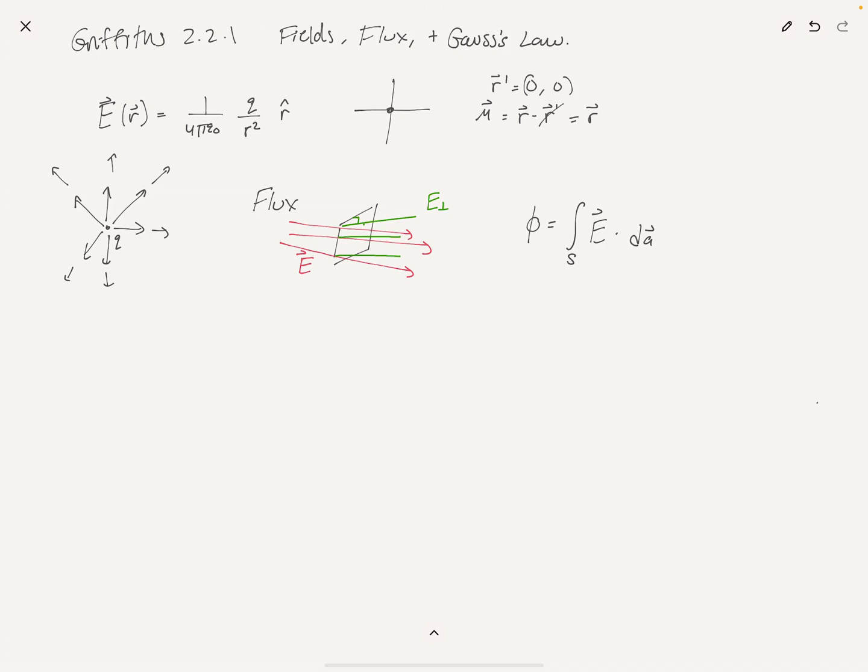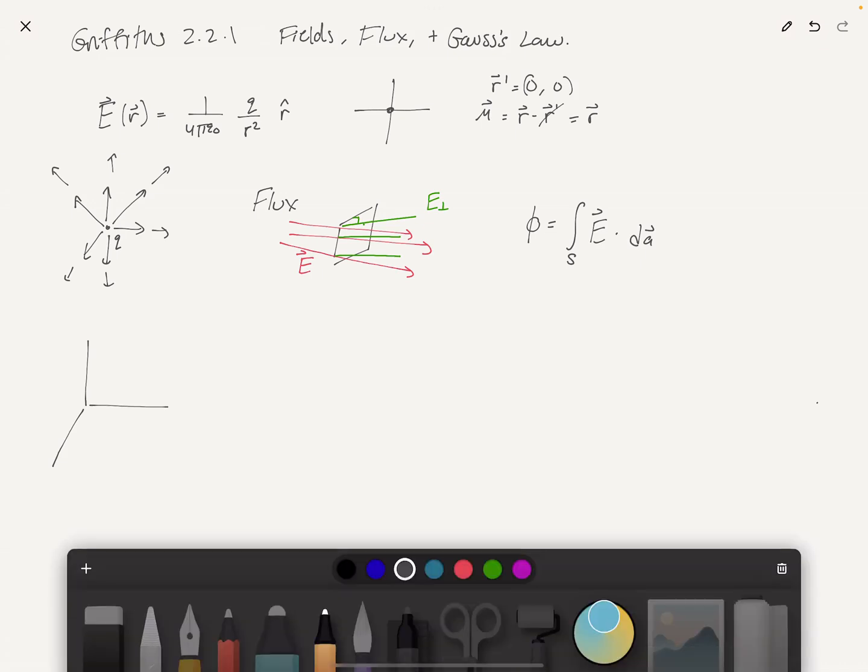All right, so what can we do with that? So let's go ahead and use an example of another point particle and calculate the total flux of that electric field going through the surface of a sphere that surrounds that particle. Okay, so I will go ahead and define my coordinate system like this.